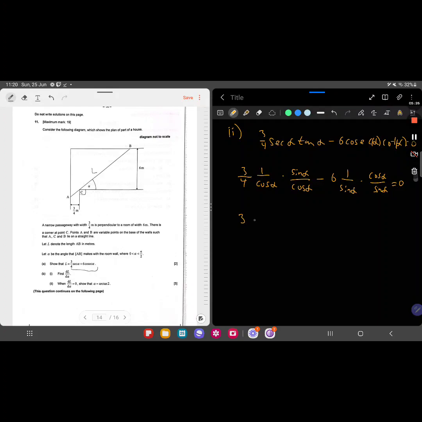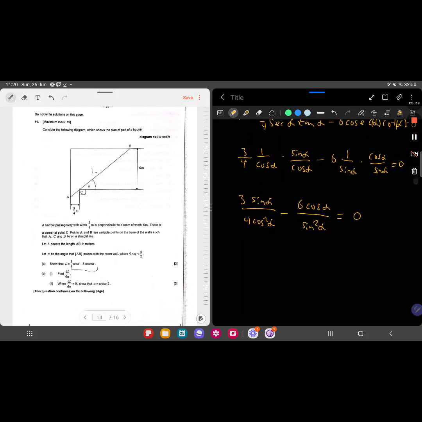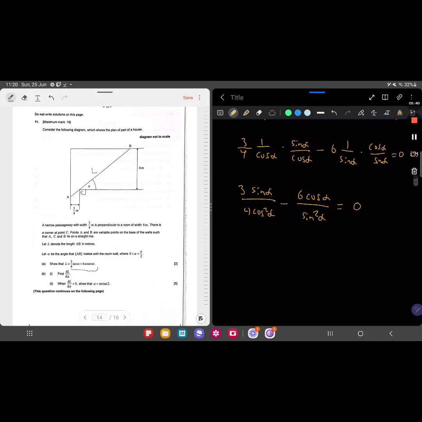Bring this all together: 3 sine alpha over 4 cos squared alpha minus 6 cos alpha over sine squared alpha equals 0. Is there anything I could do here?